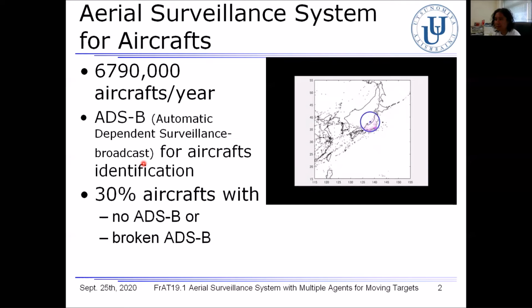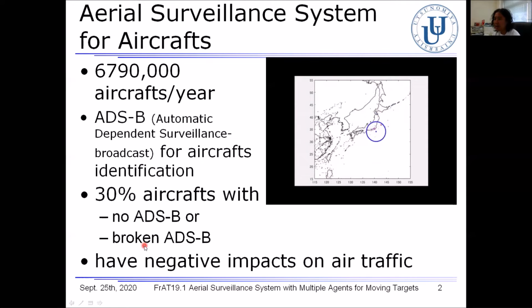However, 30% of all the aircraft are not equipped with the ADS-B or the ADS-B is broken. Because we cannot identify such aircraft, these aircraft have negative impacts on the air traffic. For this issue, we focus on aerial surveillance systems in this presentation.